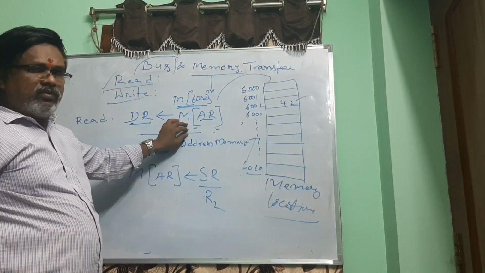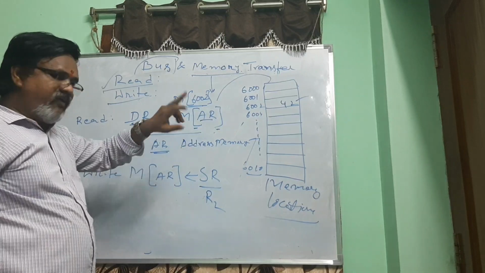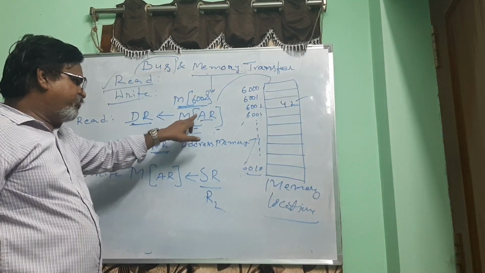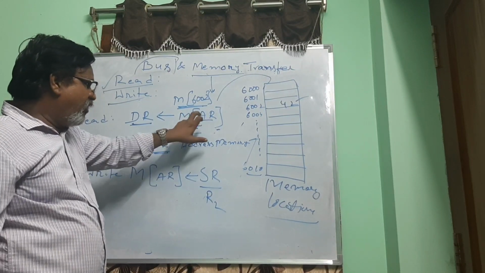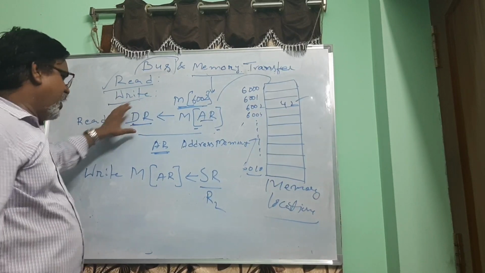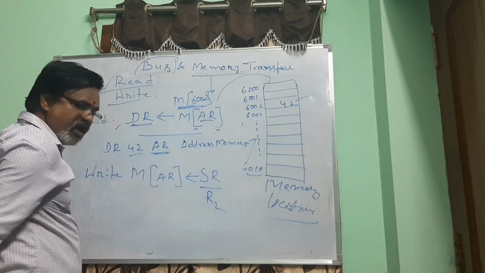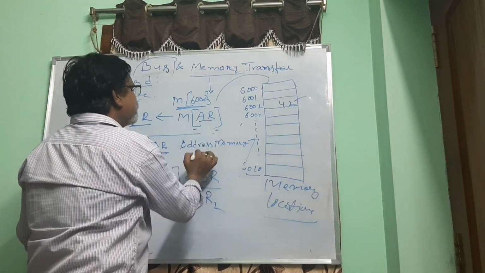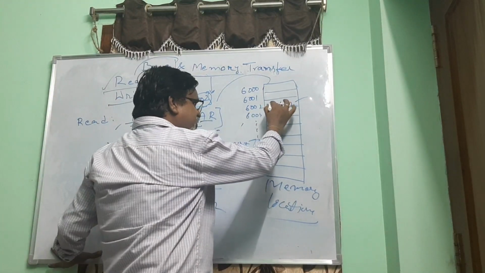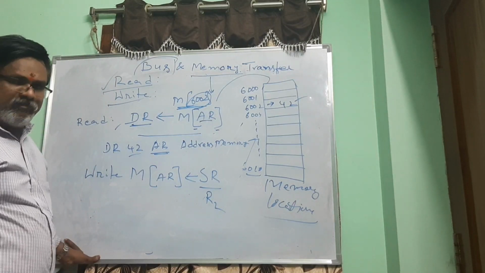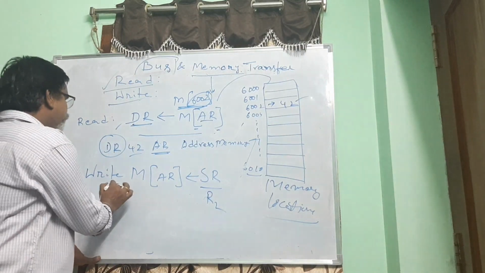The value that is there in the memory of this address register is copied to DR. At the end of this instruction, DR will be 42, because in register AR we have 6002, but actually in the location 6002 we have a value called 42. So that 42 will be copied to DR. You got my point?